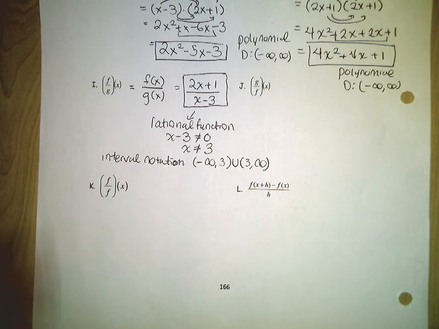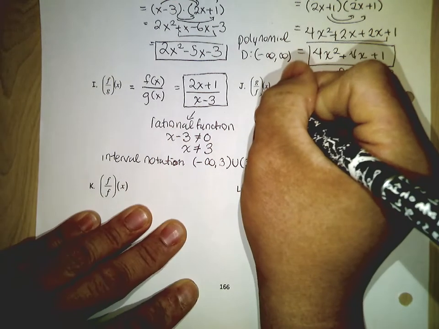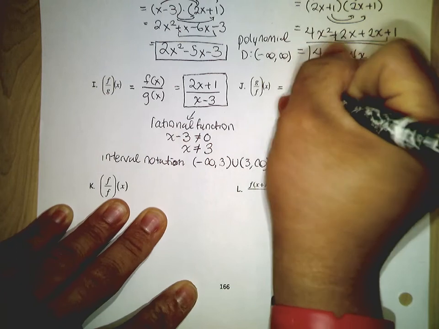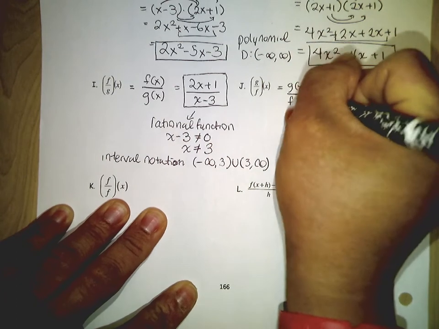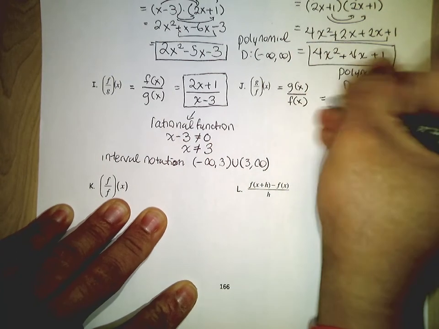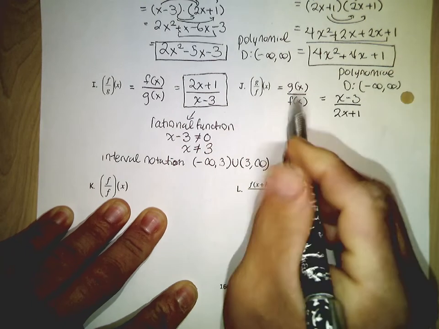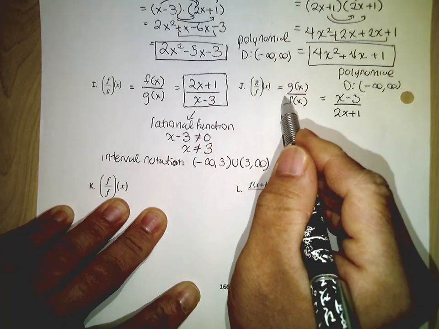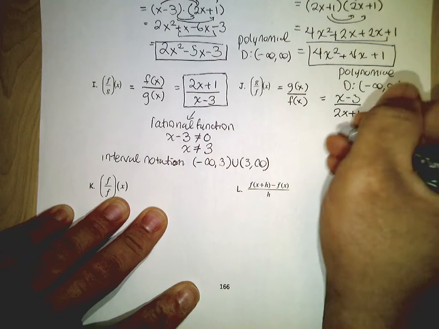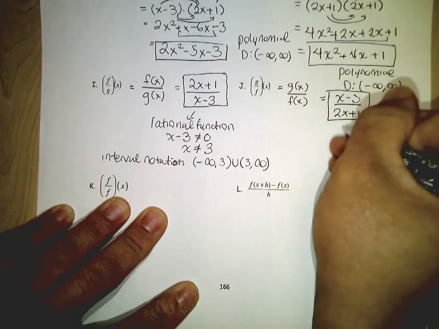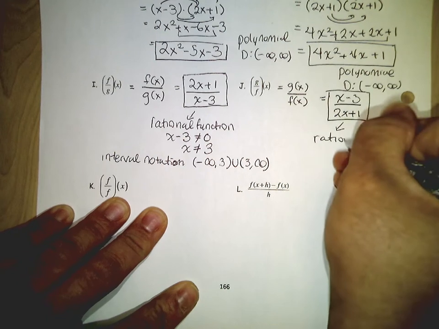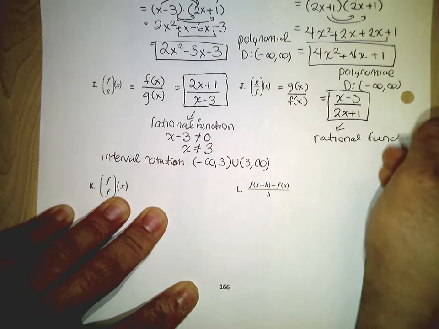All right, so for J, g divided by f of x, it's g of x divided by f of x, which is x minus 3 over 2x plus 1. So just the reciprocal of what we had in part I. And then, again, this is a rational function.